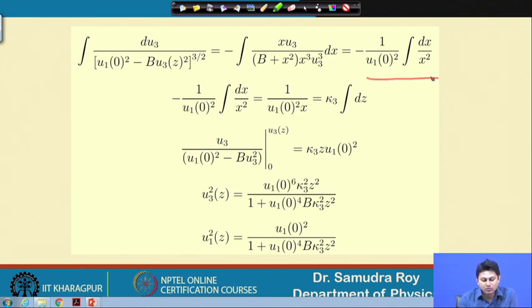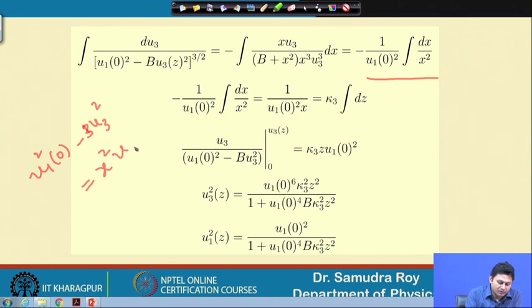Now, d u3 can be replaced by dx, where the transformation was, if you remember, that u10 square minus b u3 square is equal to x square u3 square. That was the transformation I used.